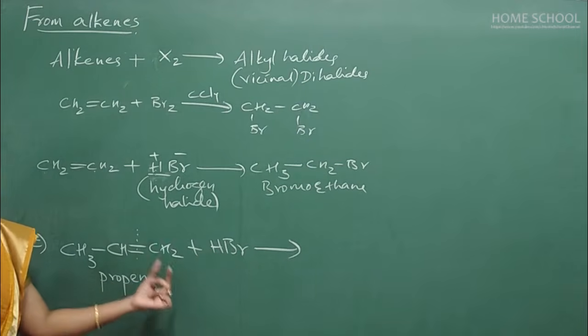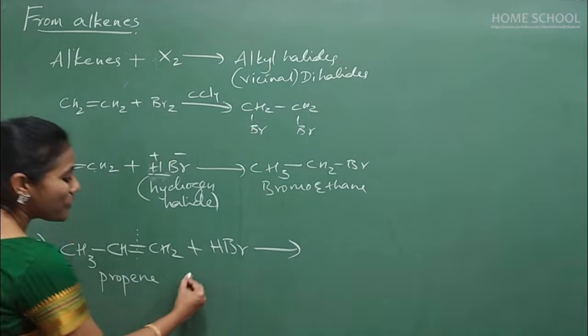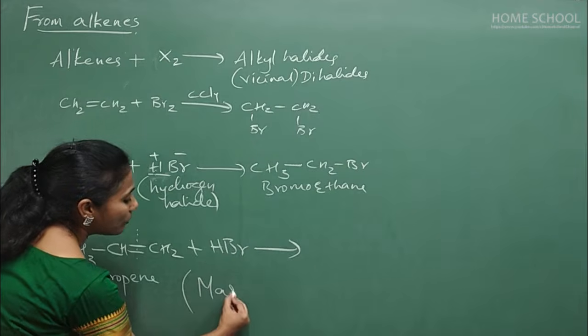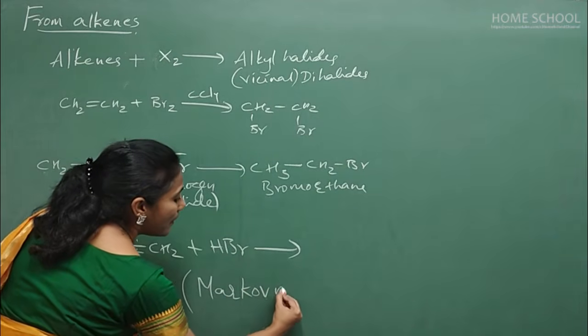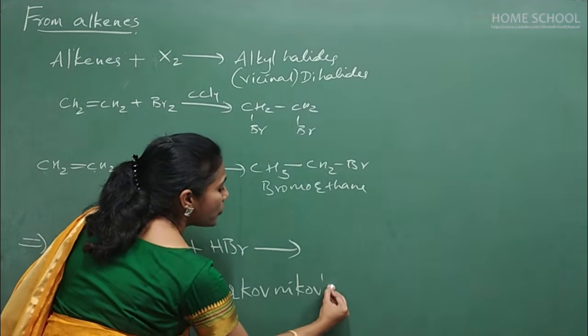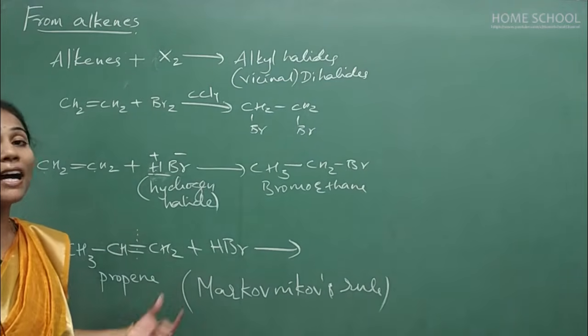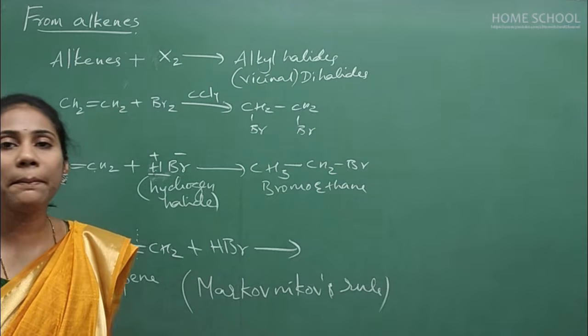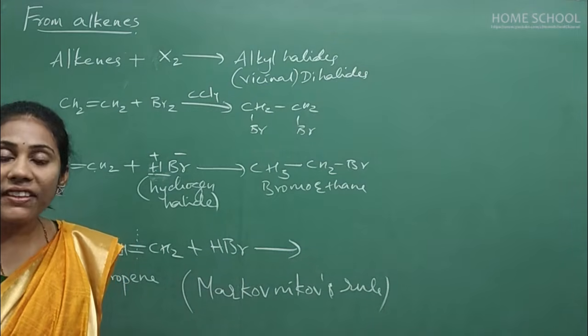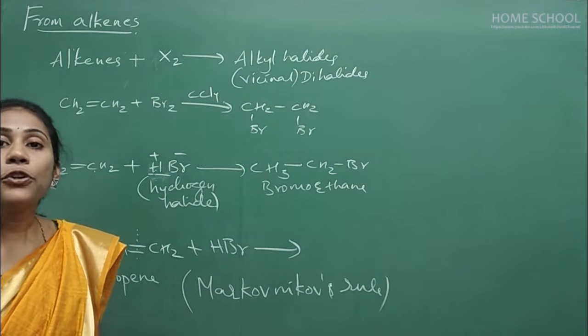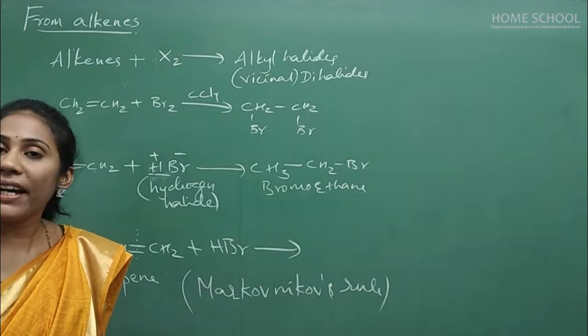Here we follow a very famous rule called Markovnikov's rule. I explained Markovnikov's rule very beautifully, along with the mechanism, in the class 11 hydrocarbons chapter. I will provide the playlist link in the description.